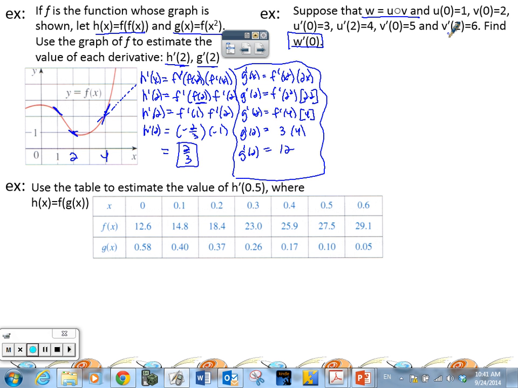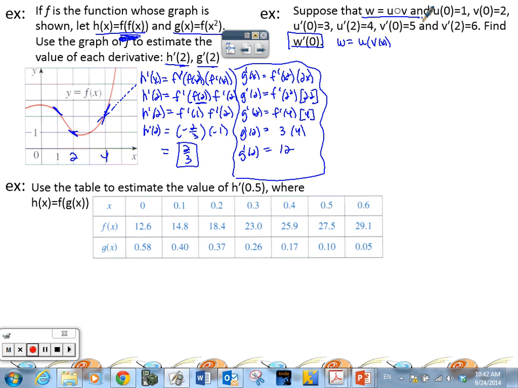If I wrote it in the format that I prefer, it would be W equals U of V of X. That's what that little o means. It means that this is a composite function and V is the inside function. But we need to be familiar with this.